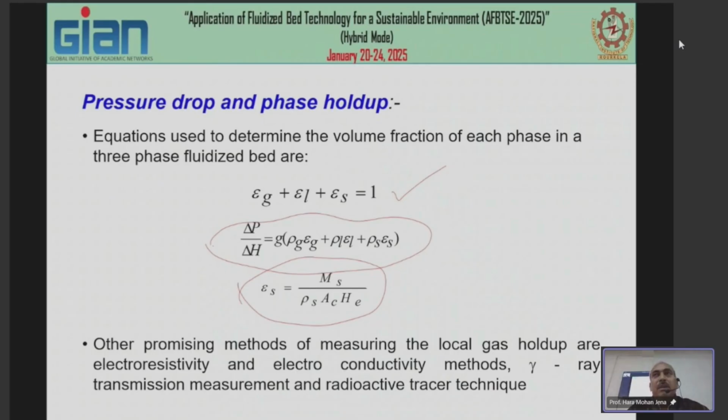If you are inserting a conductivity probe, then it is disturbing the situation in the bed, and if you are not inserting any foreign substance, using gamma ray or radioactive tracer, we can scan the bed, so that it is a non-invasive technique.